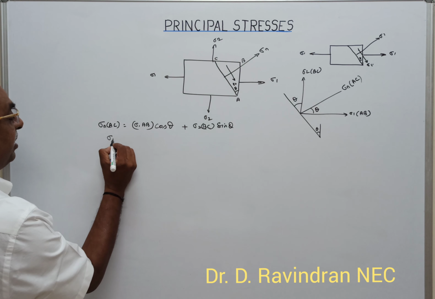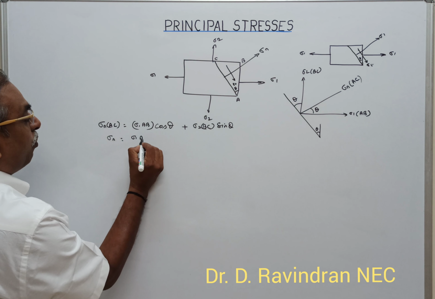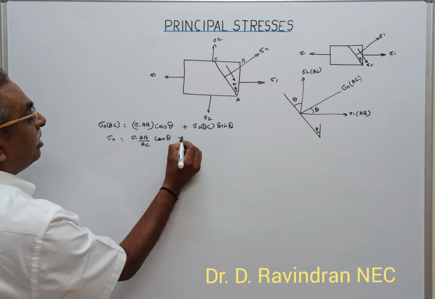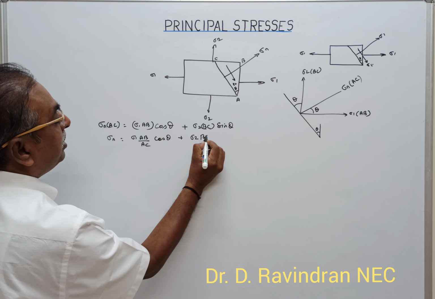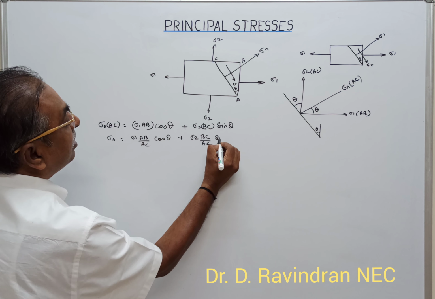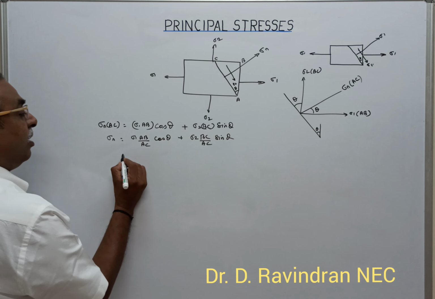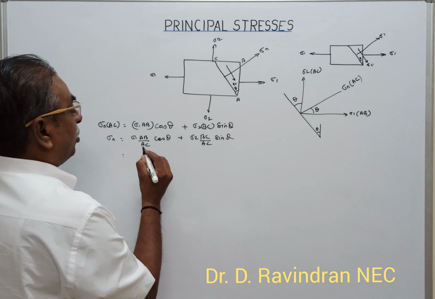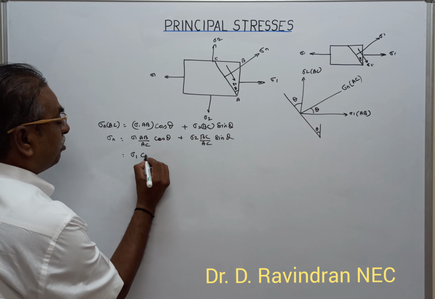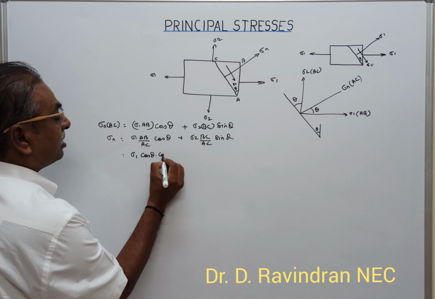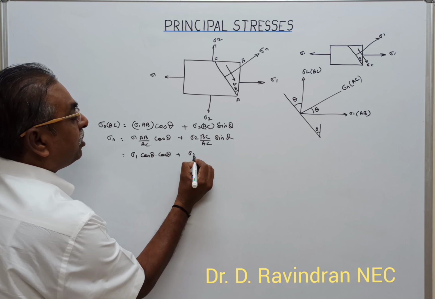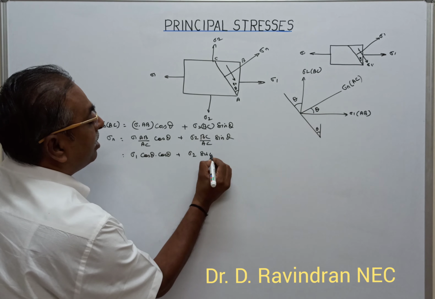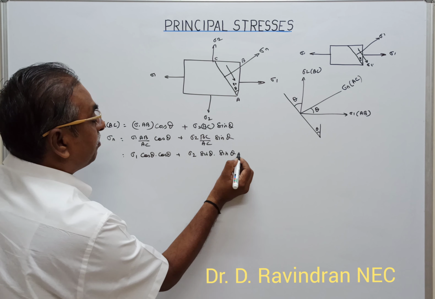Now sigma n will be equal to sigma 1 AB by AC cos of theta plus sigma 2 BC by AC sin of theta. We know this AB by AC is cos theta. So sigma 1 cos theta into cos theta plus sigma 2, BC by AC is sin theta, into sin theta.